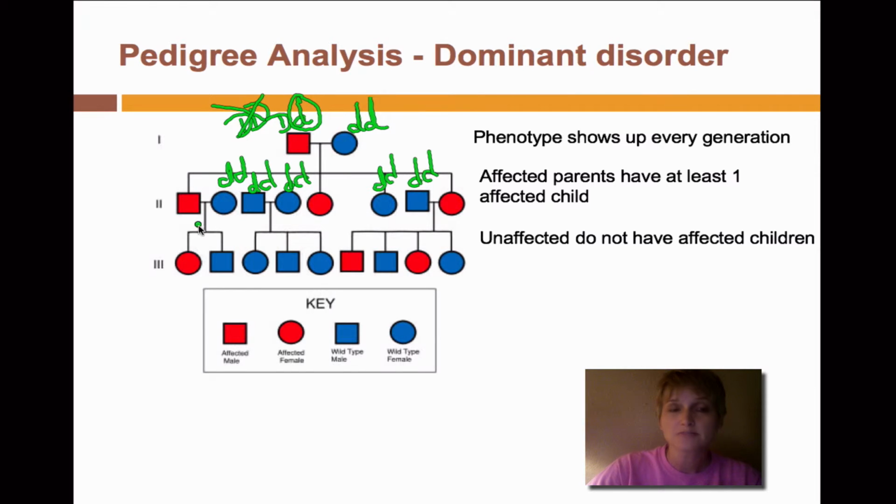We can also come down into the next generation, and we can look at this affected male right here, and if we want to figure out what his genotype is, we can look at his children. He has one child that's affected, but he has a child that's not affected, which means that his genotype is going to be heterozygous.